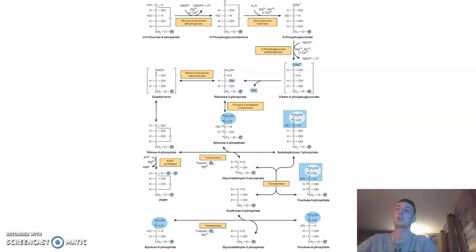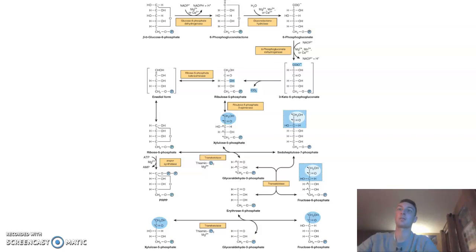This step in the pentose phosphate pathway is important as it generates NADPH through a redox reaction. This deficiency will also slow down the production of ribose 5-phosphate due to lack of reactants, but will not entirely inhibit it, as ribose 5-phosphate is also able to be produced independently in the non-oxidative phase of the pentose phosphate pathway.